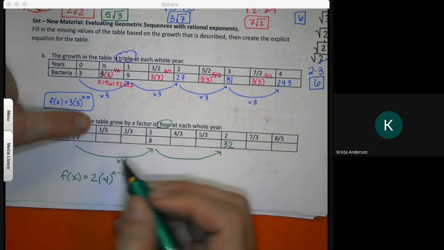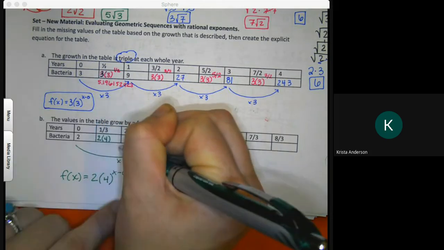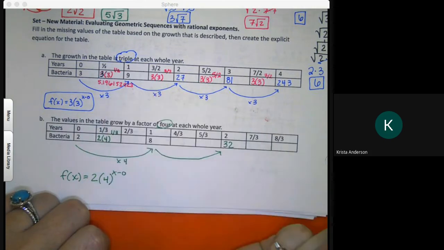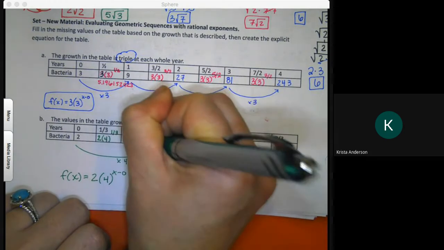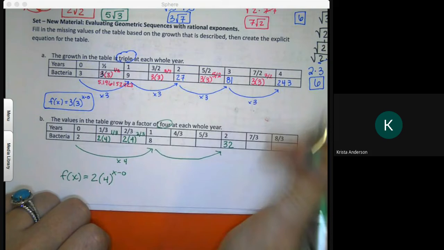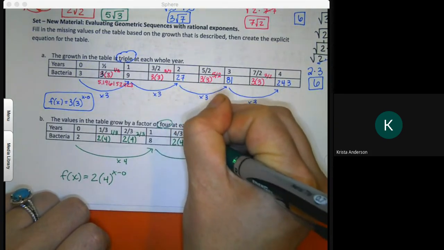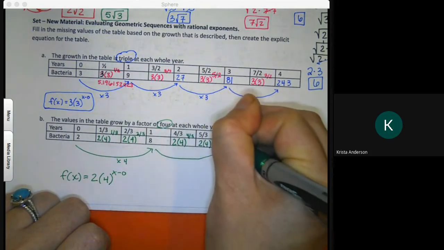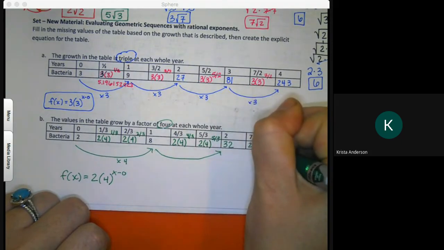So to fill in, I'll have 2 times 4 to the power of, I plug in, 1/3. This one would be 2 times 4 to the power of 2/3. 2 times 4 to the power of 4/3. 2 times 4 to the power of 5/3. It's kind of repetitive.